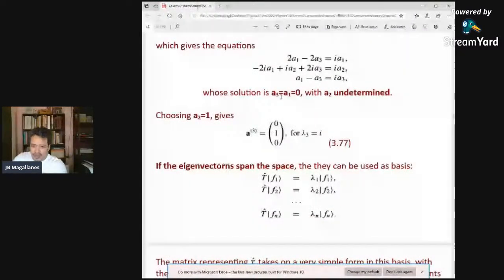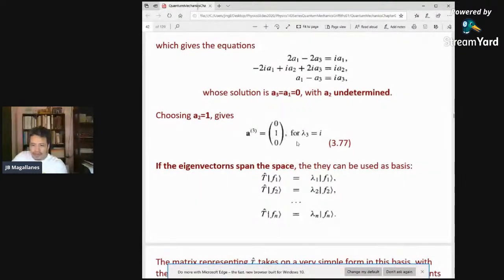So a1 is 0, a2 is 1, a3 is 0. Well, you can pick any number. You can pick 1,000 or 500 or 1,000,000, but for simplicity you can pick 1, and then this is already a normalized vector.